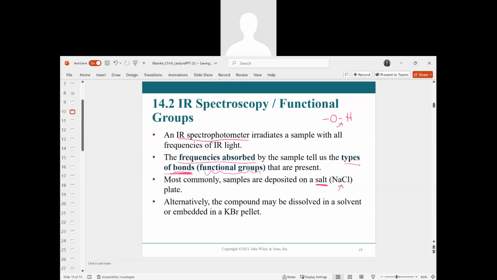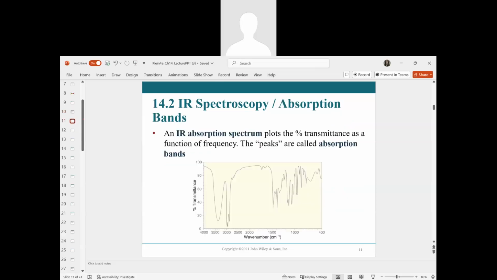Also, say we have an insoluble compound that we can dissolve in a solvent and then embed in a potassium bromide pellet. So these are two common techniques that can be utilized with infrared spectroscopy, depending on your sample type. And this here is an example of what an IR absorption spectrum will look like.